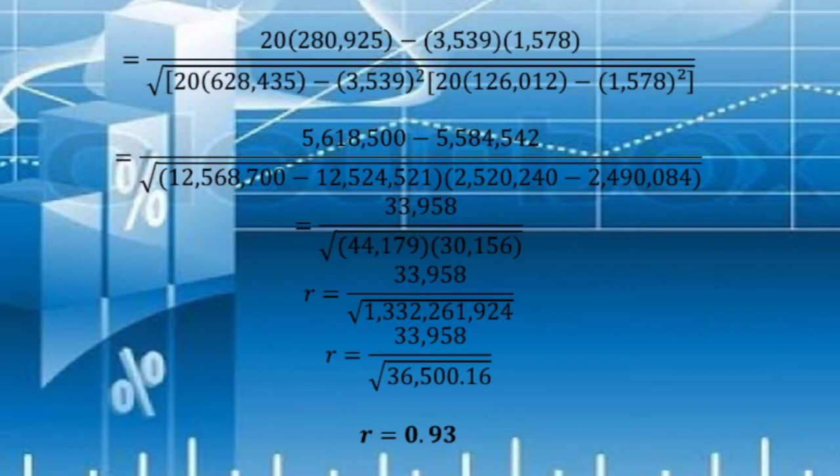Then the value of summation of x is 3,539 times the value of summation of y, 1,578, over the square root. Our n is 20 times the value of summation of x squared, which is 628,435.